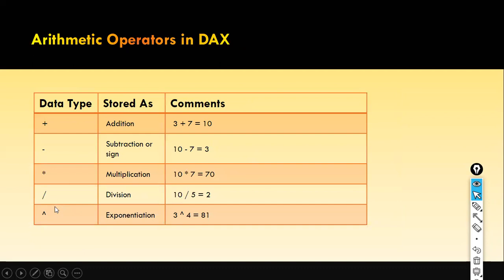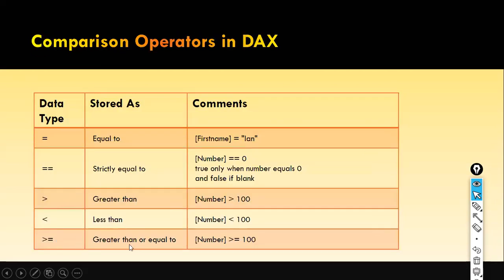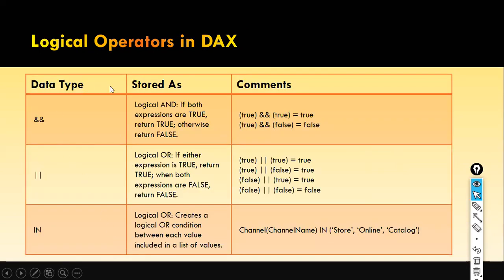Then greater than, less than, and greater than or equal to. And if you want to combine multiple conditions, for example, you want to see the sales performance in the north region and in the city of Delhi, you want to combine these two, let's say the region equal to north and the city equal to New Delhi. You are using two different filter conditions, right?